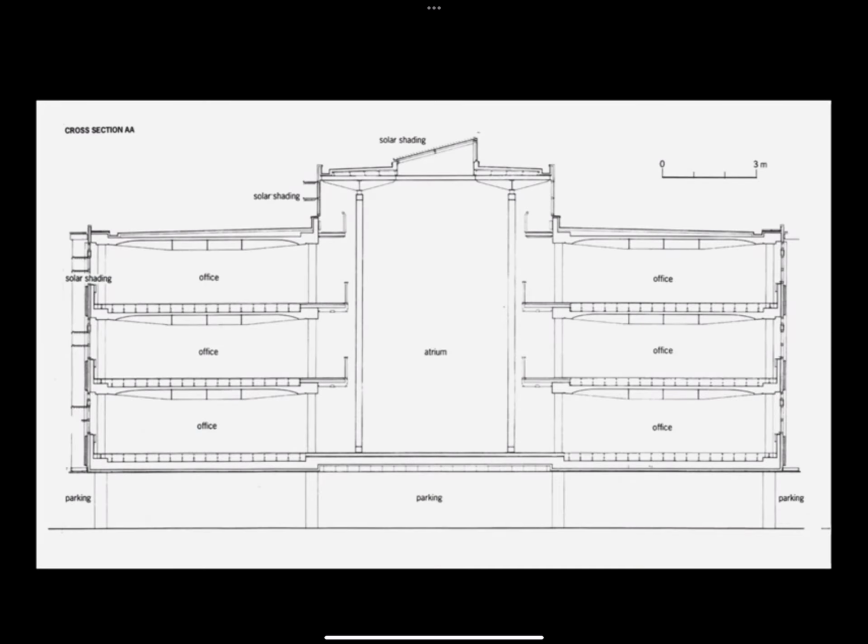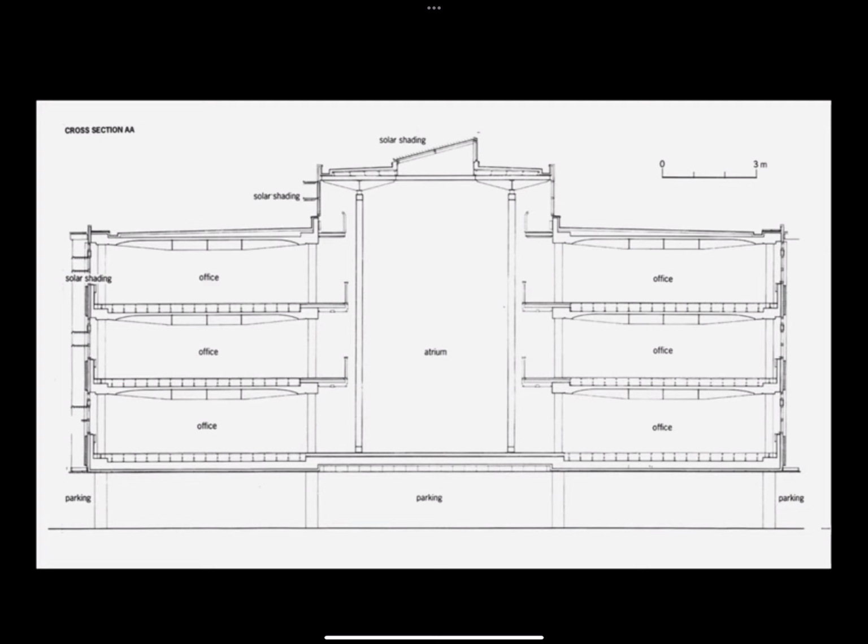This is the section of the building, so you see in the section that curved underbelly to the soffit, and then you see the precast single Ts. The services are delivered here through a raised floor that sits on top of the single Ts.